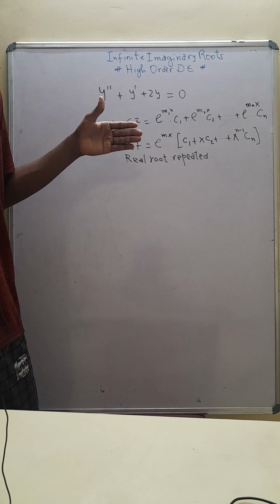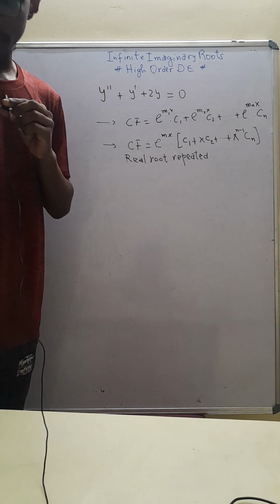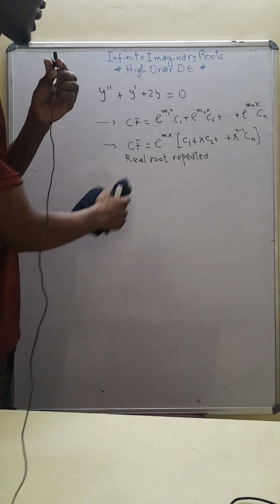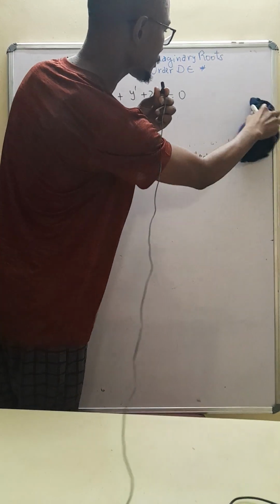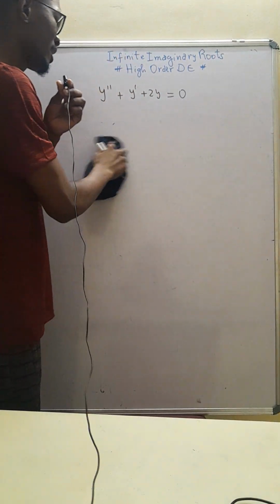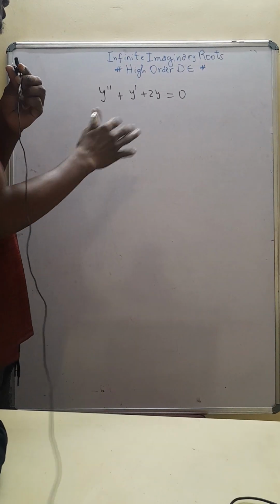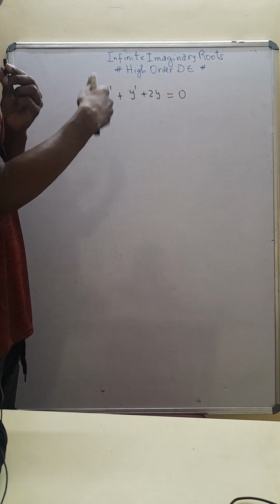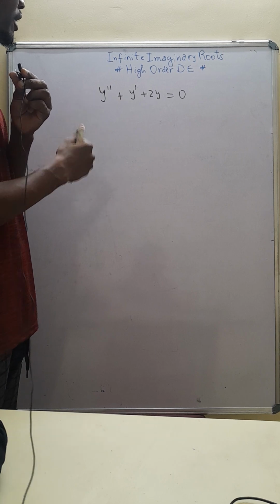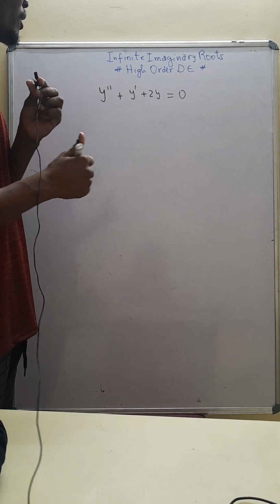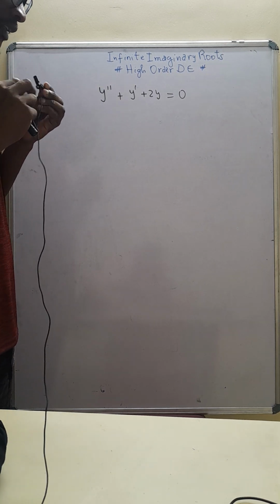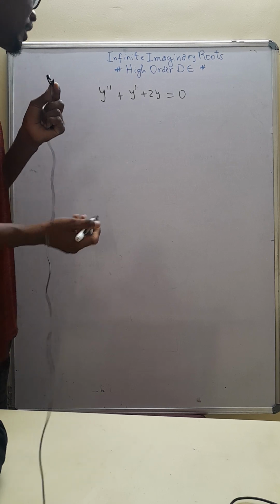So please stay there. We are going to do some good maths here. The first thing I'd like to say is that the same way we did for real roots, it is the same we are going to do, the very same thing.